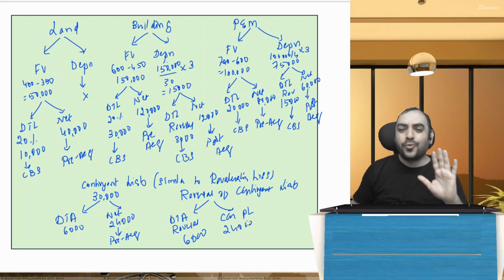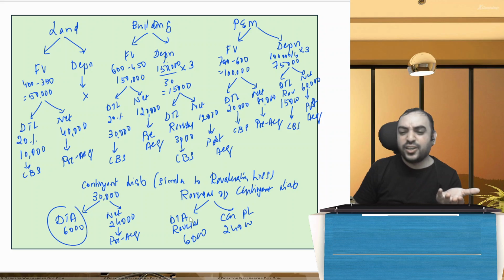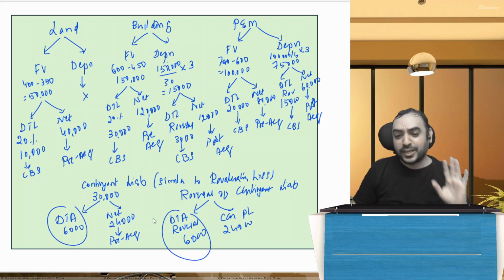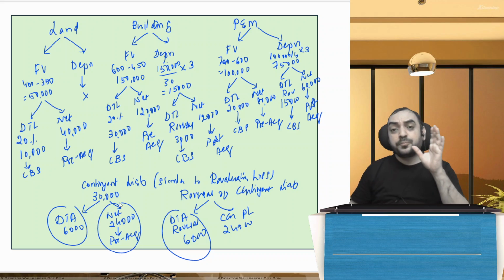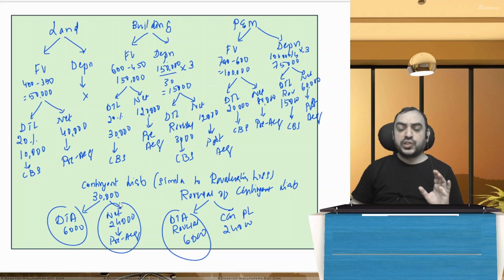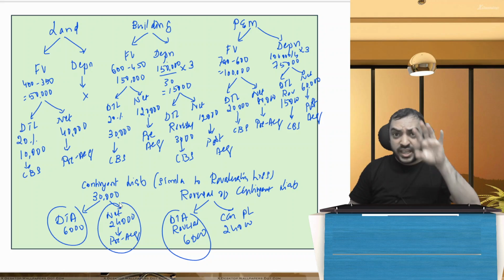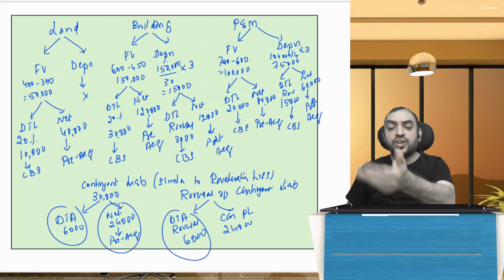So basically I can treat DTA net, once created, once reversed. This has no impact. You can ignore it. So 24,000 will come as a pre-acquisition loss, and CONPL 24,000 will come.